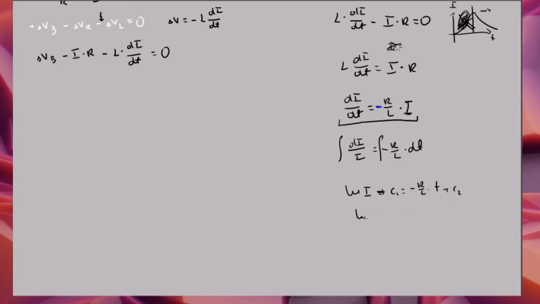And so this will give us ln of I equals minus R over L t plus another constant C3, and that gives us I equals e to the minus R over L t plus C3, which amounts to being the same thing as I equals some constant C4 times e to the minus R over L times t.